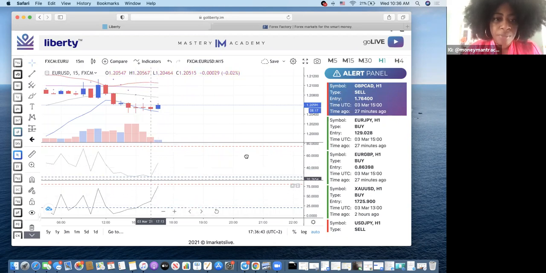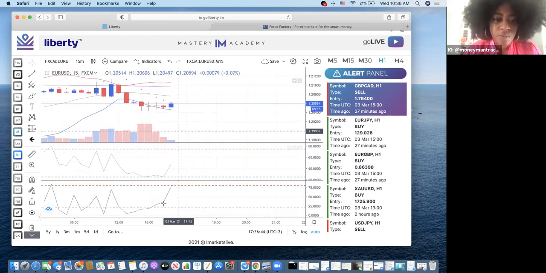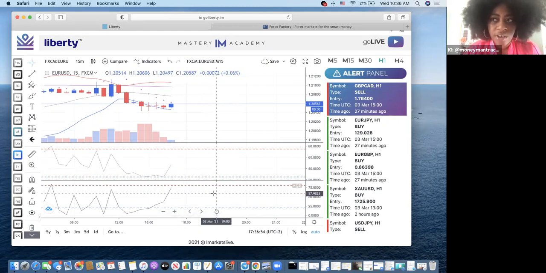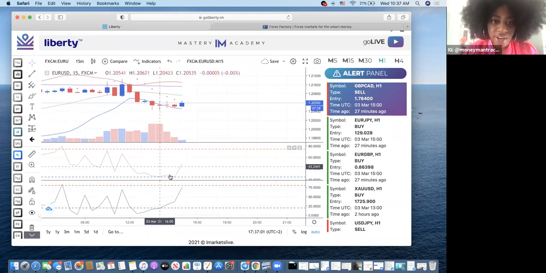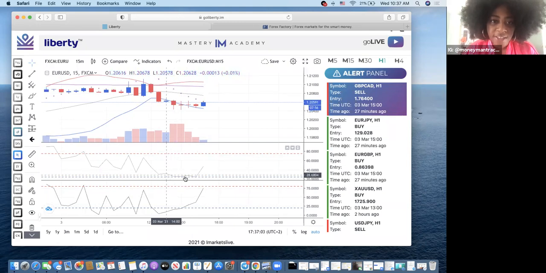Whatever the line is doing, please don't overthink this, family, because it's very easy. Whatever the line is doing, that's what the market is doing. If the line is facing up, the market is going up. That's a confirmation for a buy. If the line is facing down, that's a confirmation for a sell, because it's visually reflecting that the market is going down. If the line is moving sideways, like right here, the line was moving sideways.